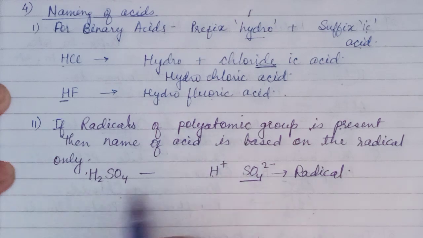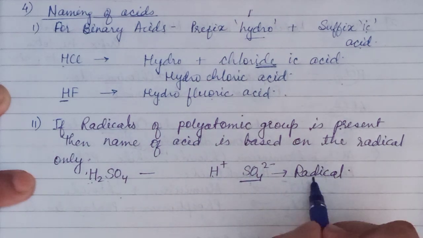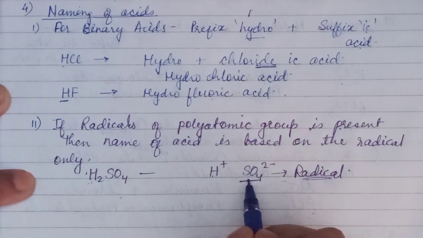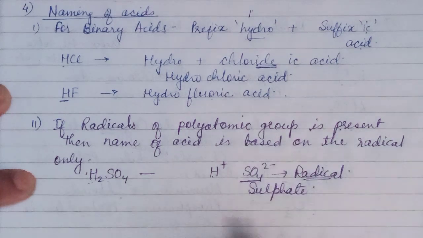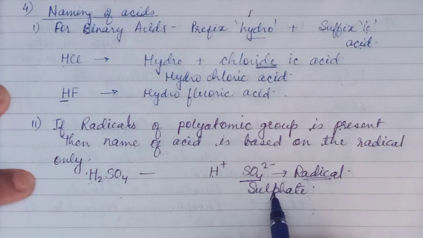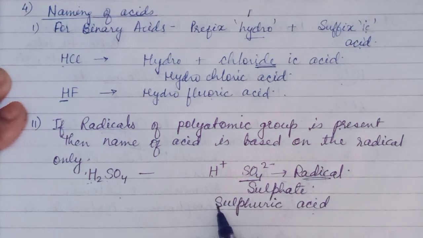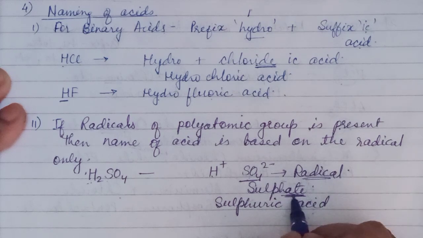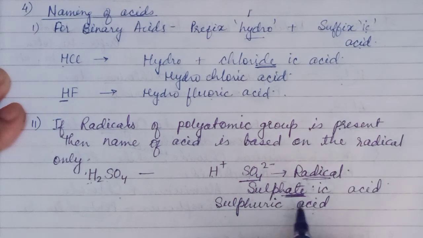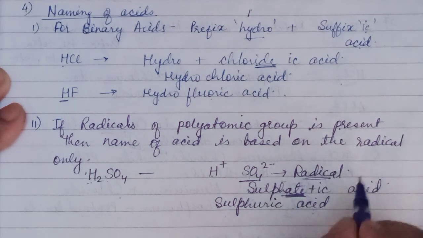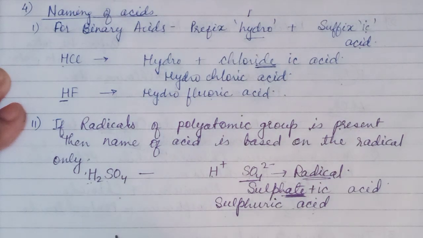If a radical is present in the acid, the name will be based on this radical only. Here it is sulfate, so its name will be sulfuric acid. You write the radical first and replace ATE by ic acid. So it will be sulfuric acid. Clear to you all?